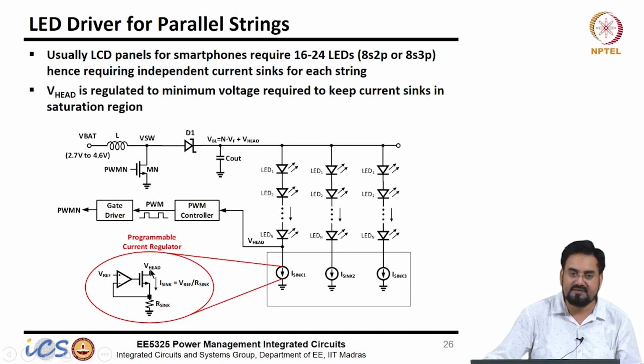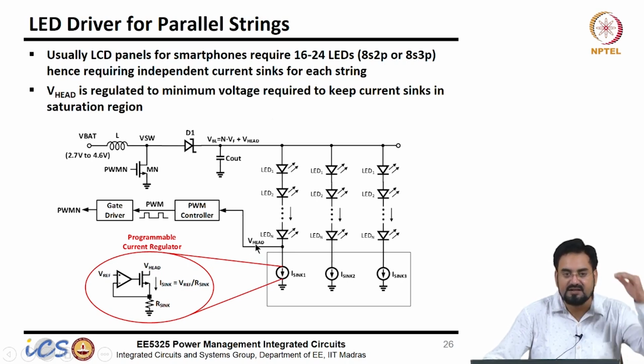So I know V head is 500 millivolt, which is required in the worst case. So I can keep this regulated at 500 millivolt. It will always make sure that this voltage is boosted to a level where this V head will always be stopped at 500 millivolt.